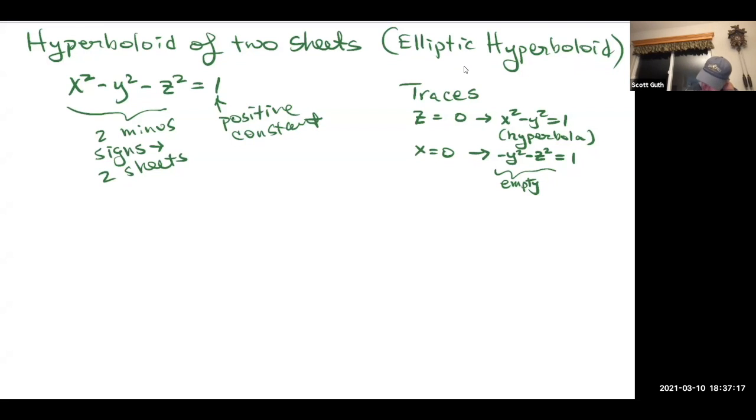Okay, if we do y equals 0, then we're talking about the xz plane. So if y is 0, you'd have x squared minus z squared equals 1. And that's another hyperbola. Okay, any questions?